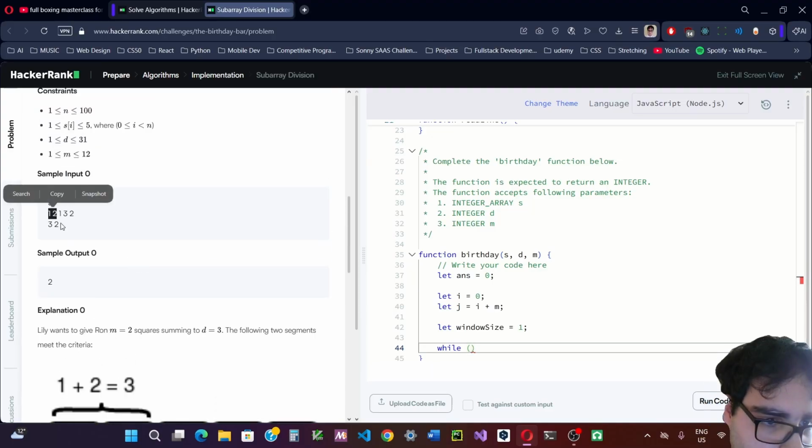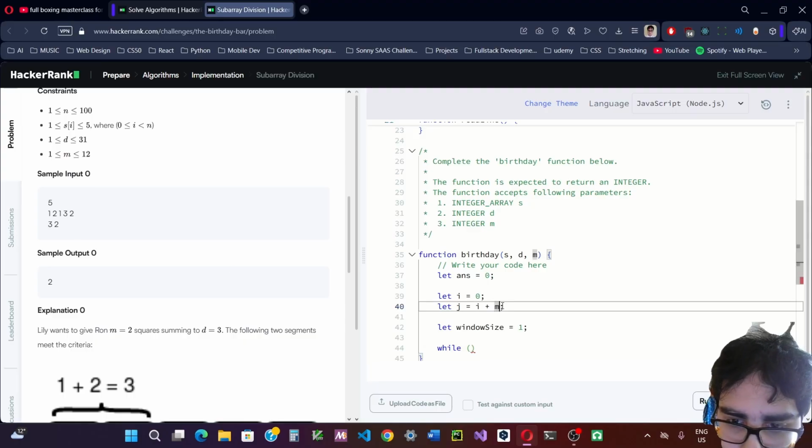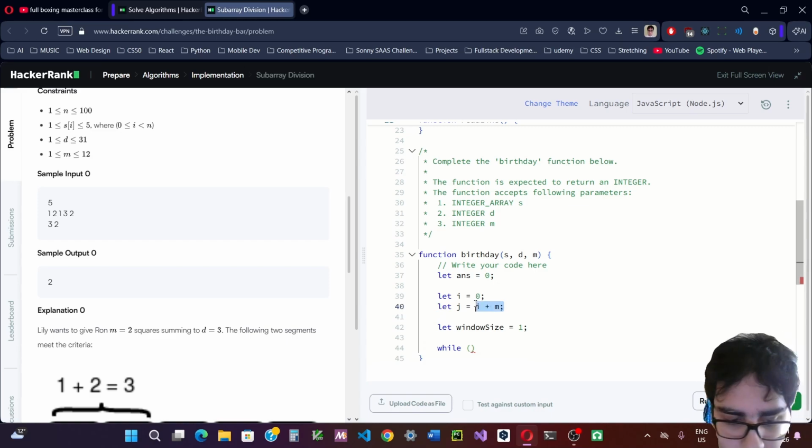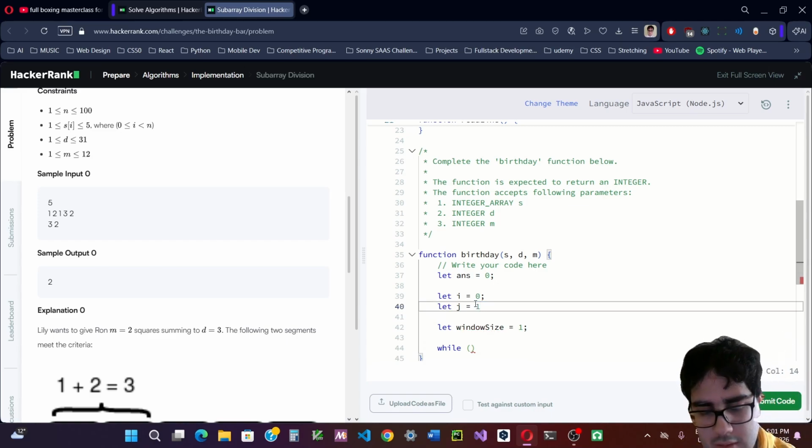I'm gonna have 1 2, then 2 1, then 1 3, then 3 2, and that's gonna be that. I equals 1.